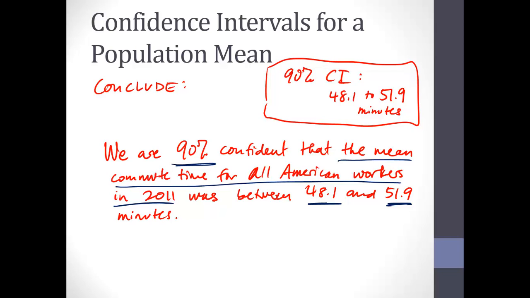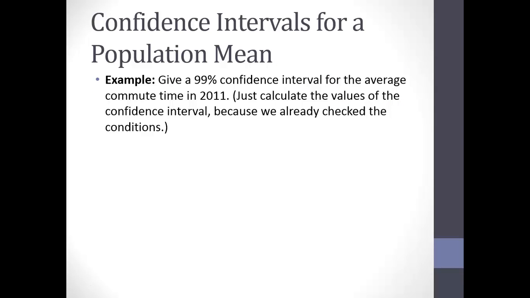All right. So there's our first way through this example. As a follow up here, we just found a 90% confidence interval. Suppose we wanted a 99% confidence interval for the average commute time in 2011. I'm not going to do that whole song and dance again.